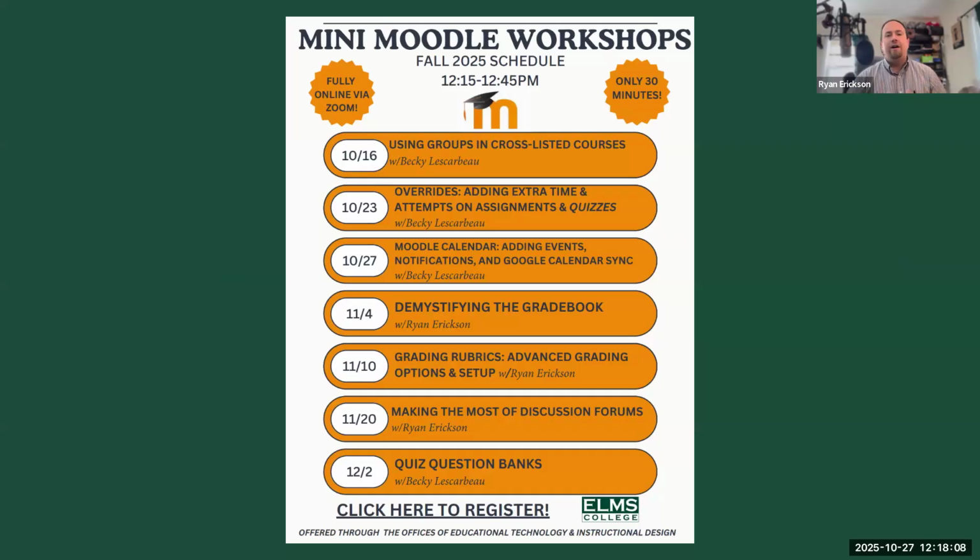We're going to be spending a lot of time just taking apart the gradebook, and then moving in the next session on the 10th into grading rubrics. Something that I get a lot as the instructional designer is, okay, so I have this rubric, I'm using it in my point system. How do I include it as part of my Moodle infrastructure? That's what that date is for.